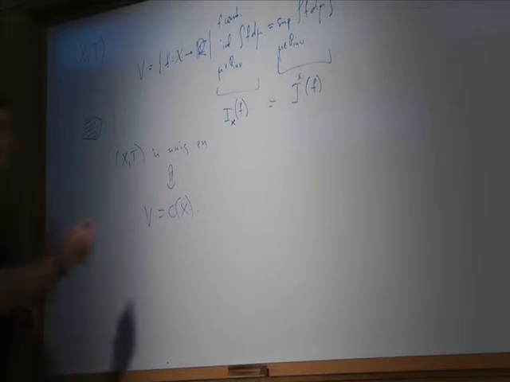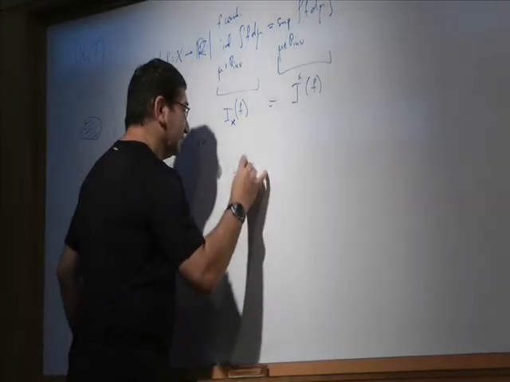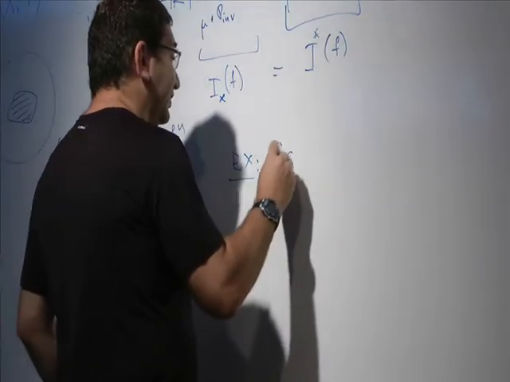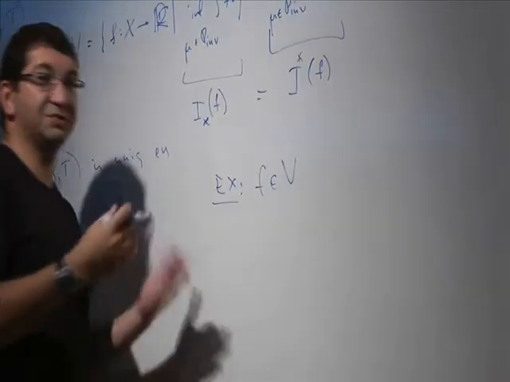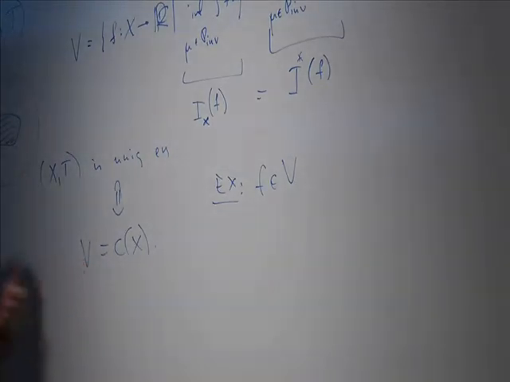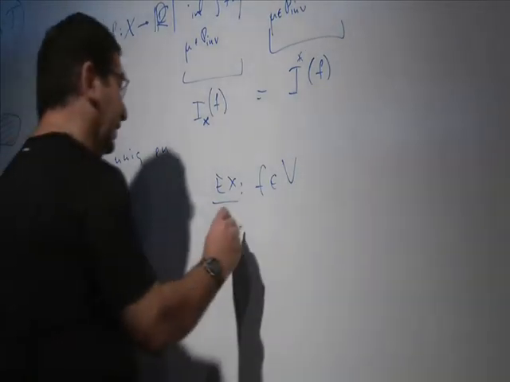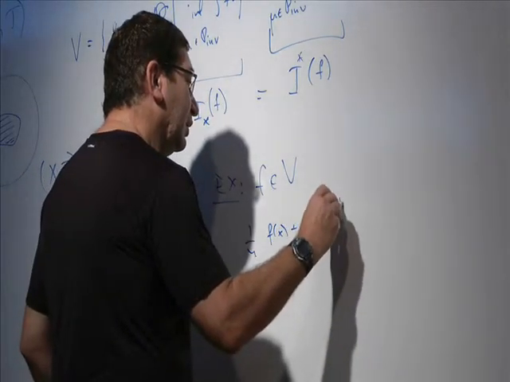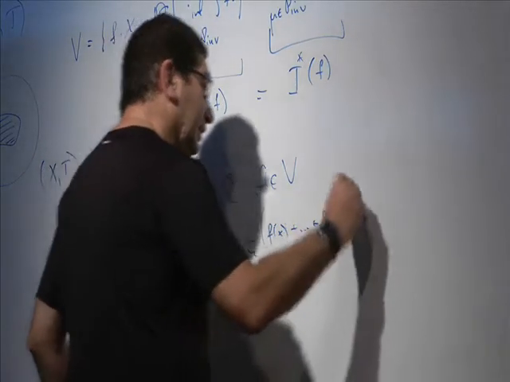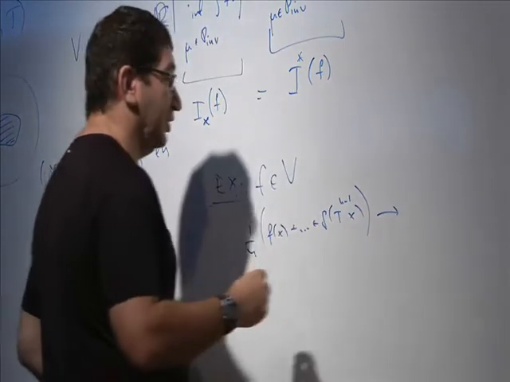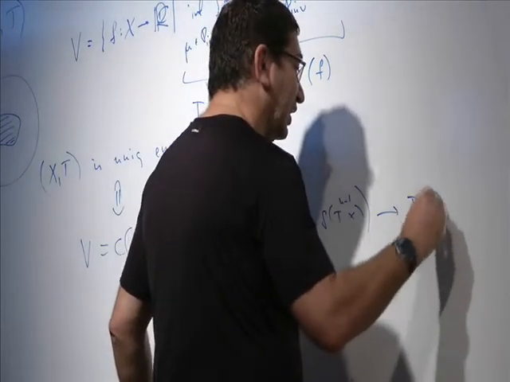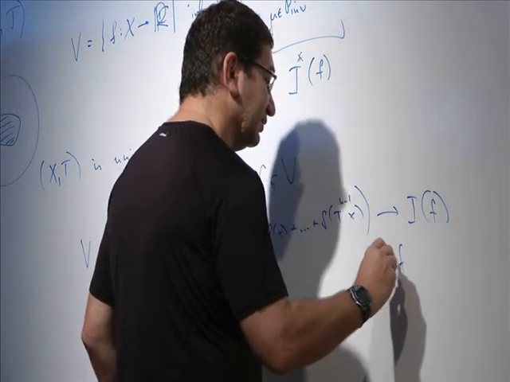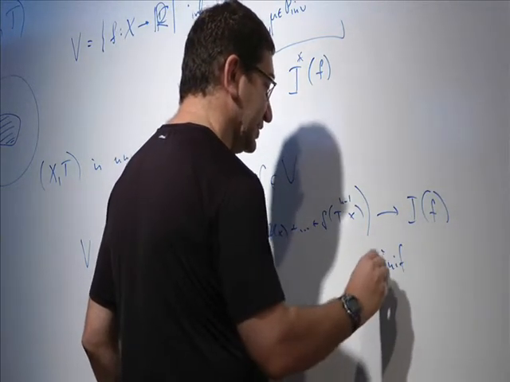So here is an exercise to prove that for all f in V, the conclusion of unique ergodicity still holds, even though the system is not uniquely ergodic. The averages converge to this common value, I(f), pointwise and uniformly.